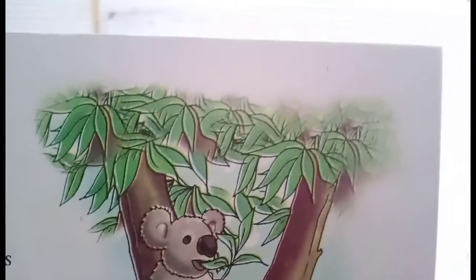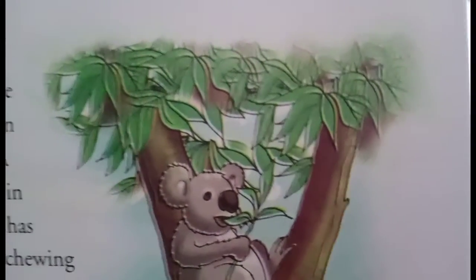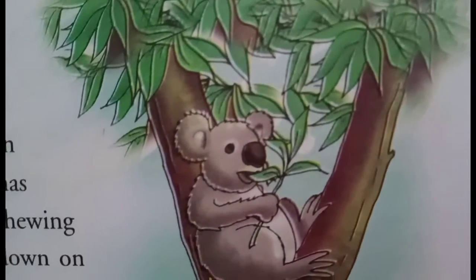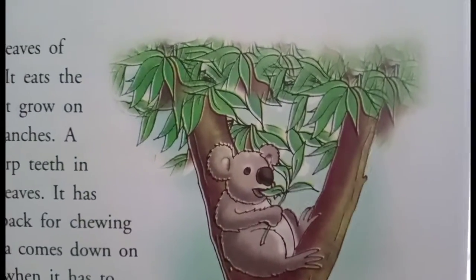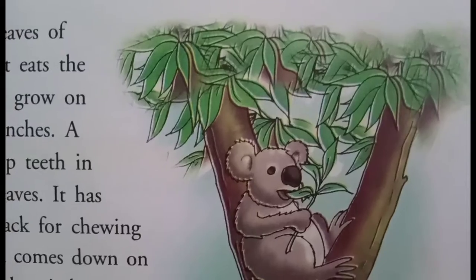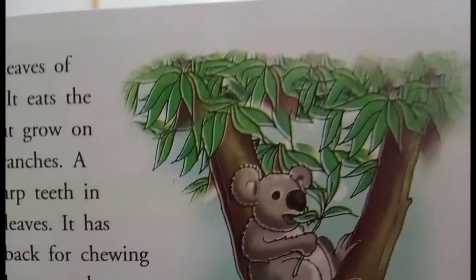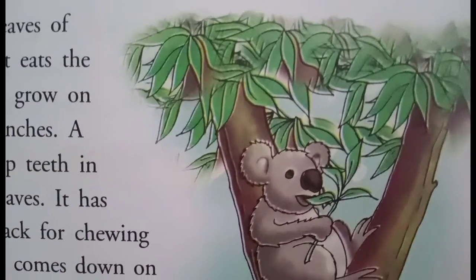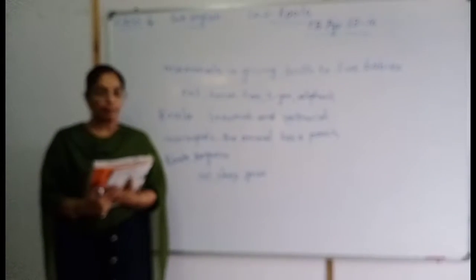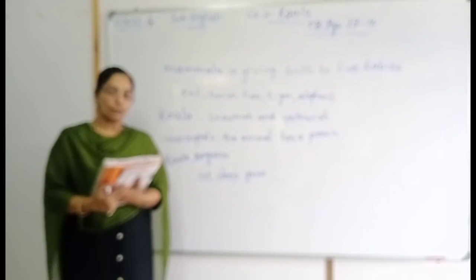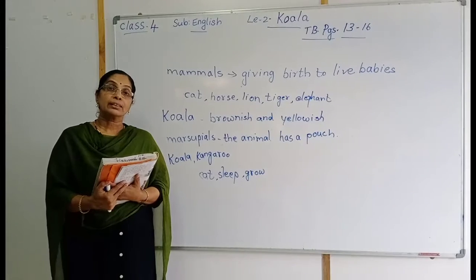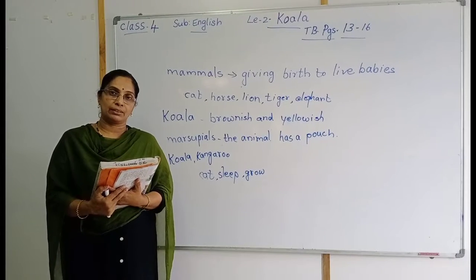The koala is sitting on the eucalyptus tree and eating the leaves. What is the food of koala? The leaves of eucalyptus.